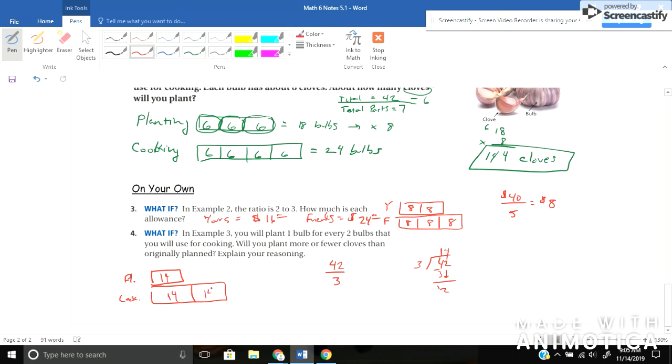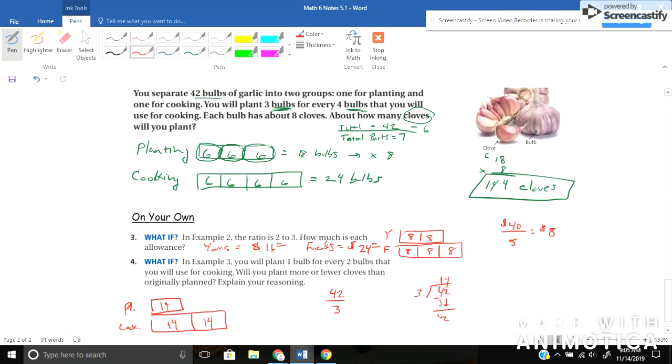All right? And it says, will you plant more or fewer cloves than originally planned? Well, this is planting, and we have 14 that we're going to plant. Remember, each one of these bulbs has a total of 8 cloves.